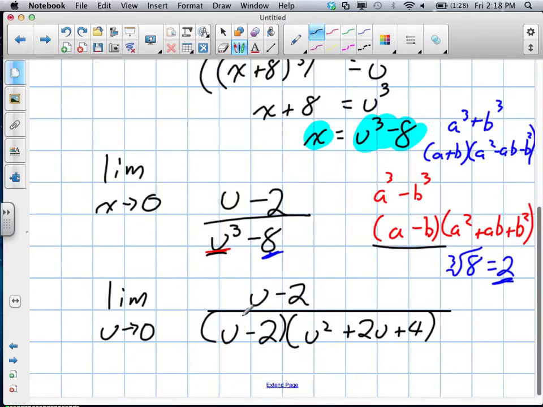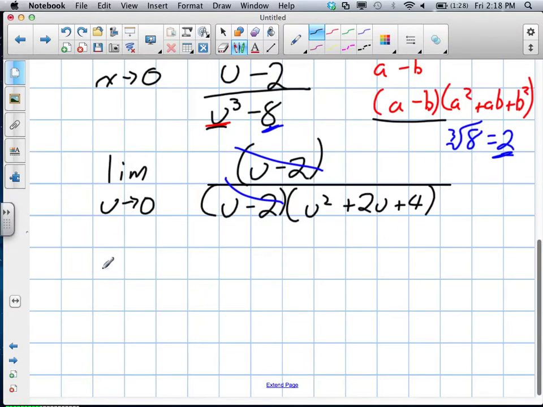So what we're going to do here is, if you look, we have u minus 2 on the top and bottom. We know that these will cancel each other out. So our limit of u as it approaches 0 is 1 over u squared plus 2u plus 4. Okay? So when we go to plug this in now, our limit of, oh sorry, not 0.